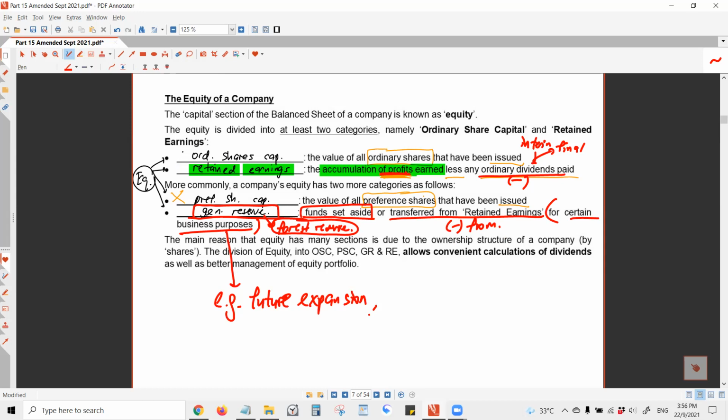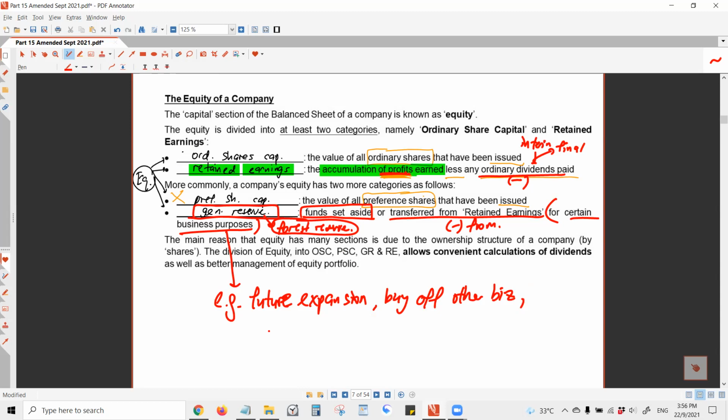You are trying to buy over KFC to kill the competition. Okay, future expansion. Or you want to buy off other businesses. For example, you are Toyota. You are trying to buy off Honda in the future so that you own both companies. Okay, or any other purposes. Up to the company's decision in the future.